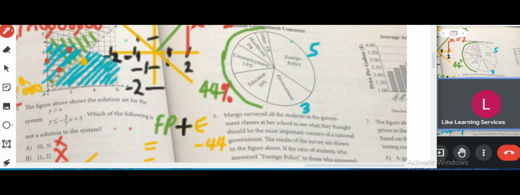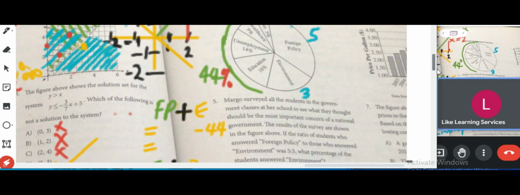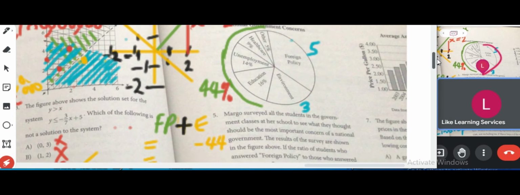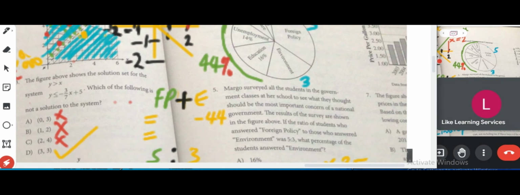So this foreign policy and environment will now occupy how many percentage? The remaining 56%.